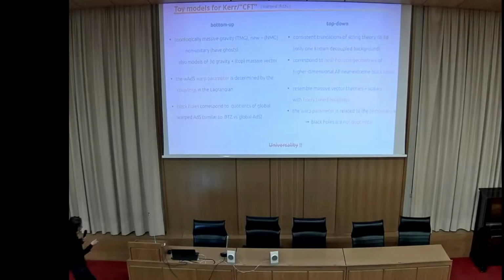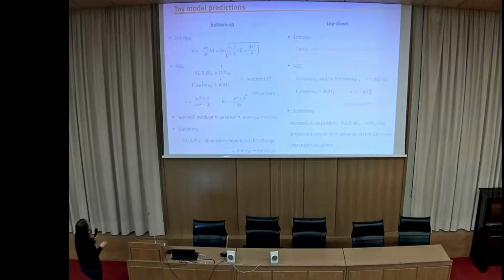Okay, that's one point. Then you can go ahead and study the behaviors of 2 types of toy models. So the bottom up, by TMG, this is what black hole entropy looks like. This is mass, this is angular momentum. The asymptotic symmetry group basically enhances the SL2R isometry of the background to Virasoro left, and the right moving translation to a left moving Kac-Moody.